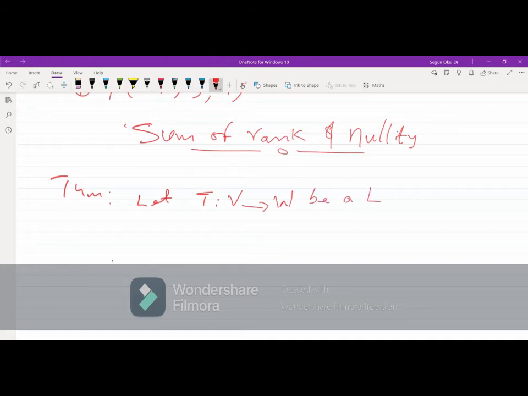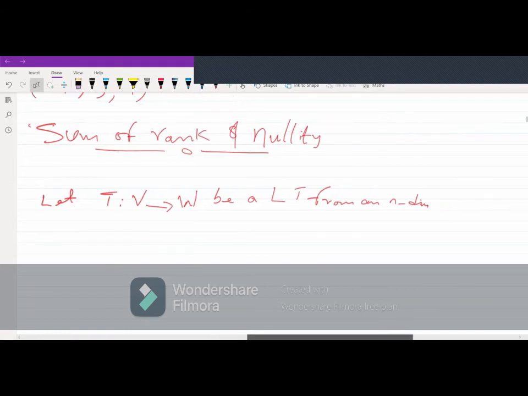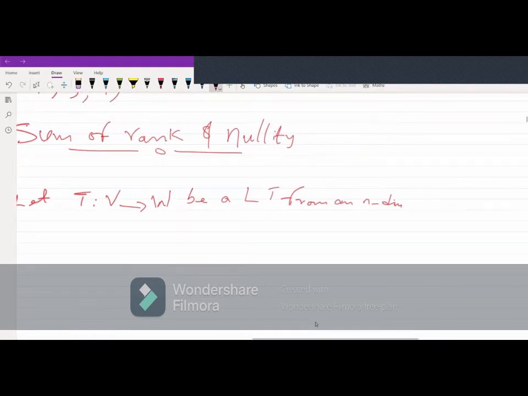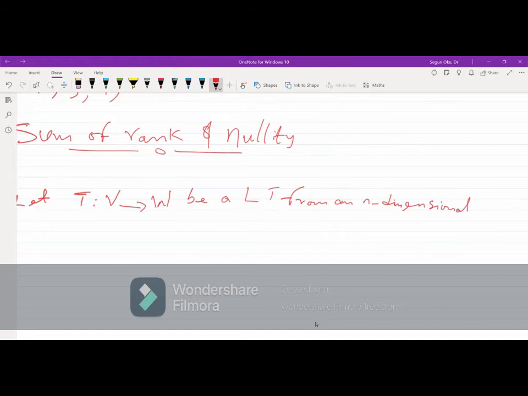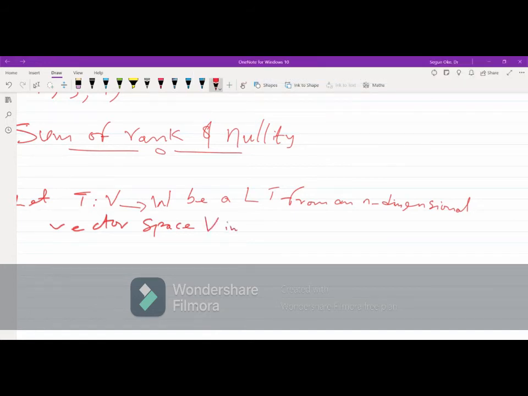Be a linear transformation from an n-dimensional vector space V into a vector space W.